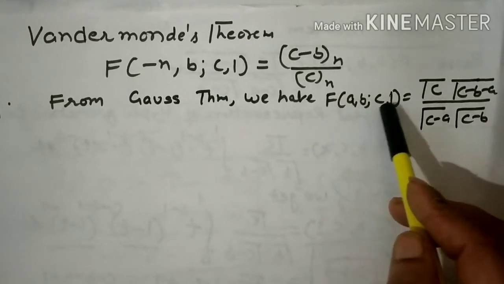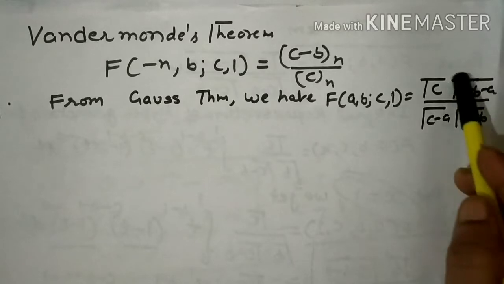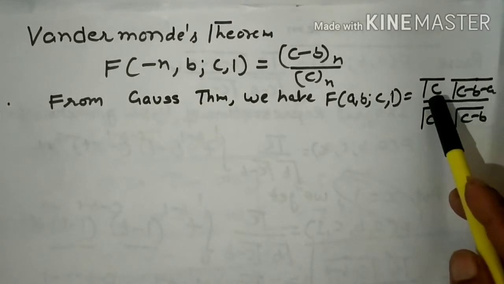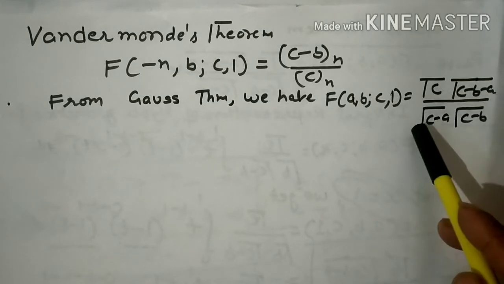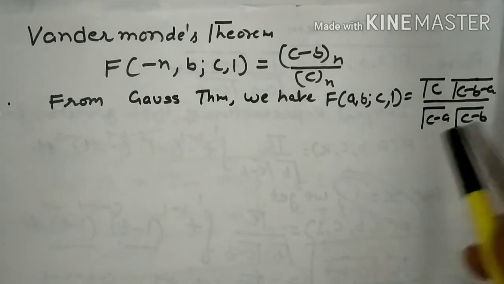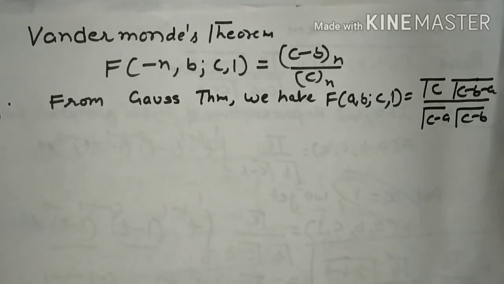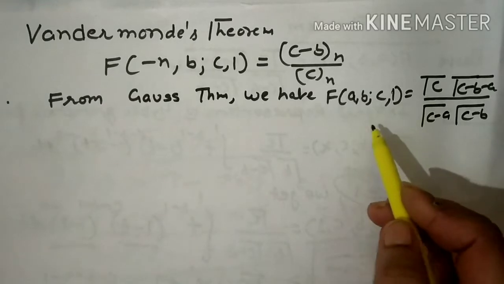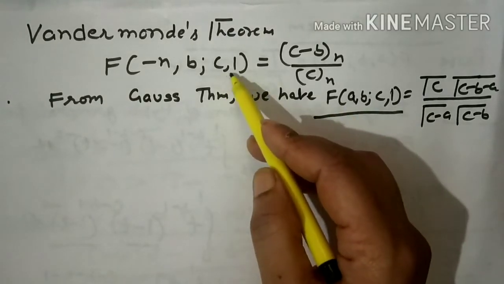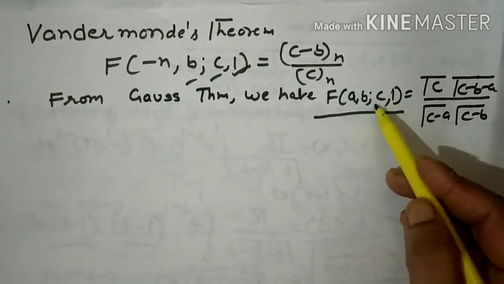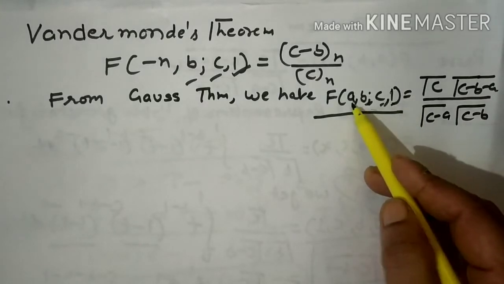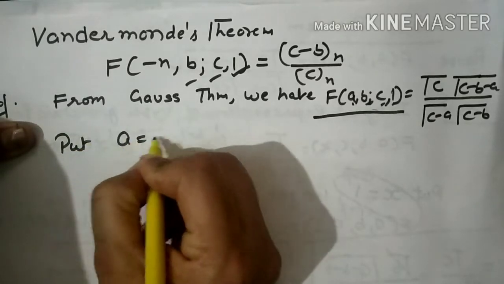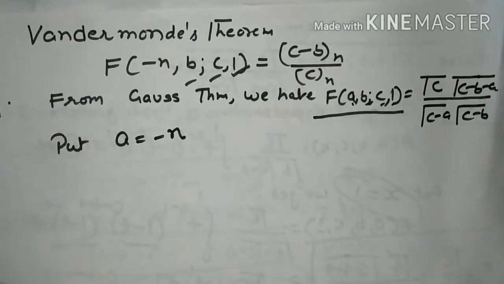F(a, b; c; 1) can be represented in terms of gamma functions: gamma of c, gamma of c minus b minus a over gamma of c minus a, gamma of c minus b. So now we have to derive this result from this. What is the similarity? Here c and b are the same, but in place of a we have minus n. So we have to put a equal to minus n in Gauss theorem.